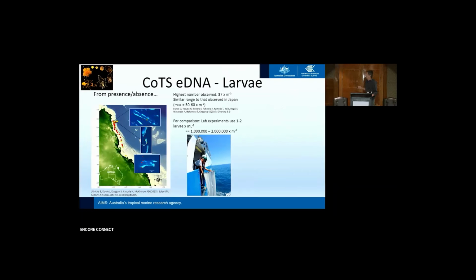So in a very initial paper, this is the first trip we did in 2014 on the RV Cape Ferguson, we only did presence or absence because that was the first application. And we showed that in an amazing amount of samples in that year, we had positive samples.